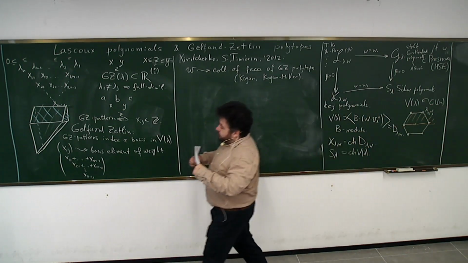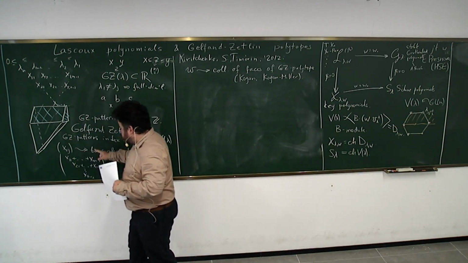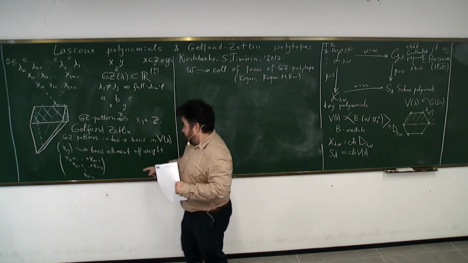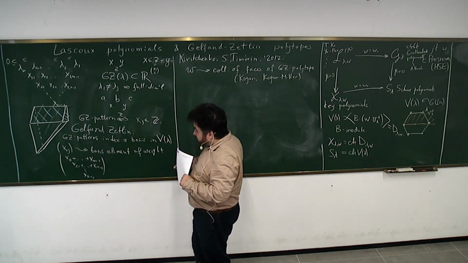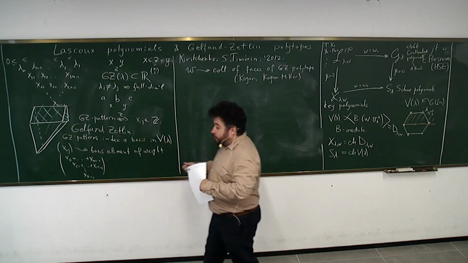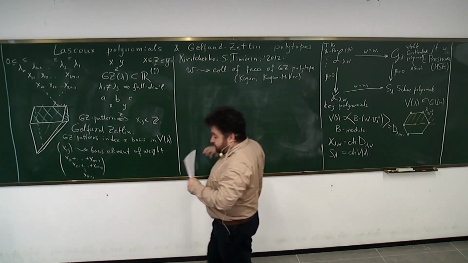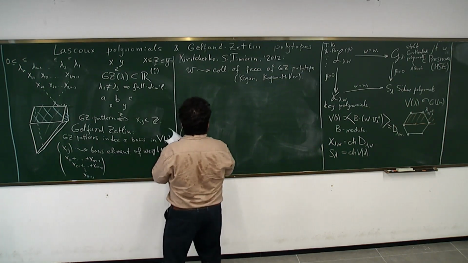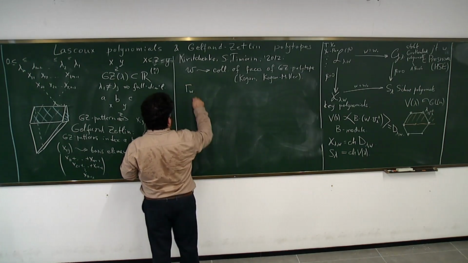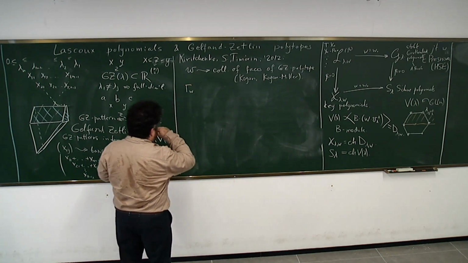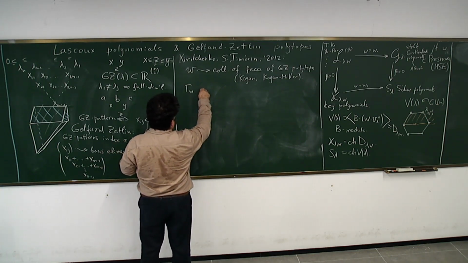It's not a coincidence, because if you project it in this way to R^{n-1}, and sum over all integer points in our collection of faces, let me call it gamma_w, a collection of faces.